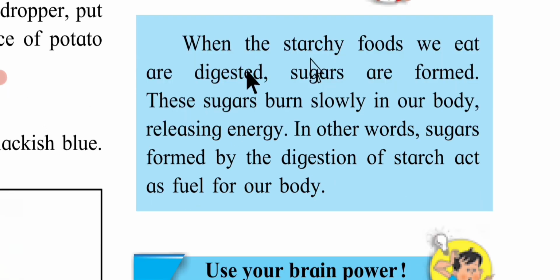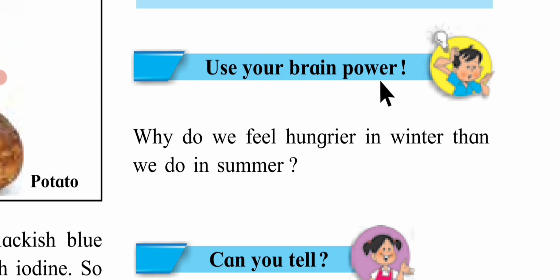Do you know? When the starchy foods we eat are digested, sugars are formed. These sugars burn slowly in our body, releasing energy. In other words, sugars formed by the digestion of starch act as fuel for our body. Use your brain power.